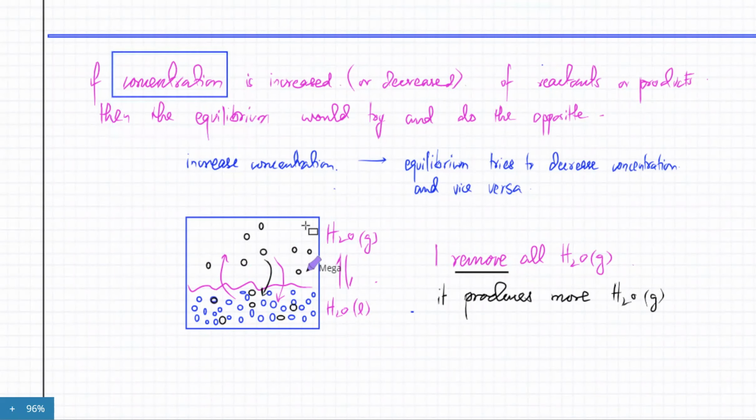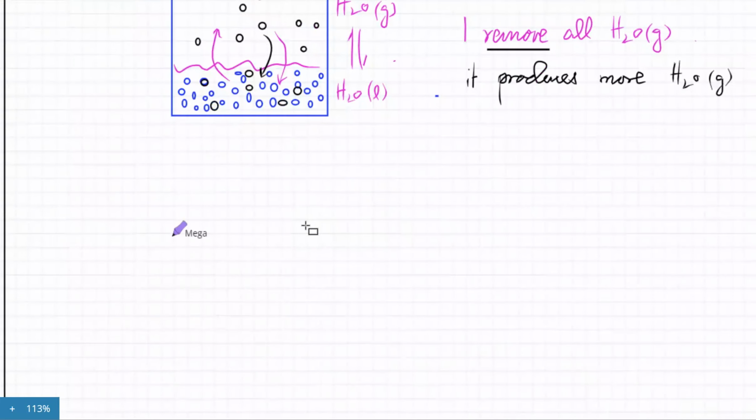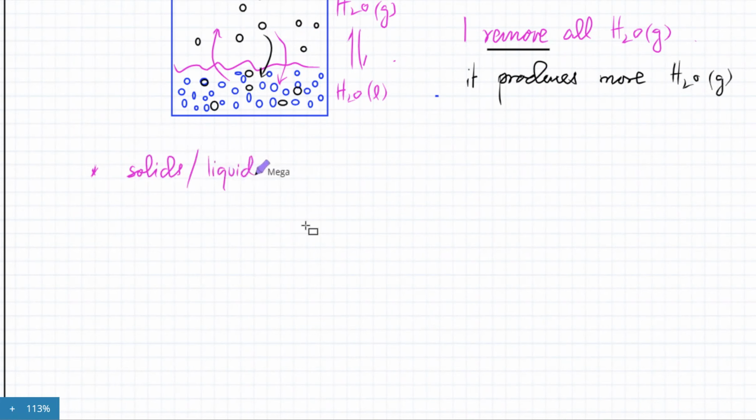Okay, let's talk about this. Remember, this statement is only true for concentration. So remember, whenever you see a solid or liquid, their concentration never changes.